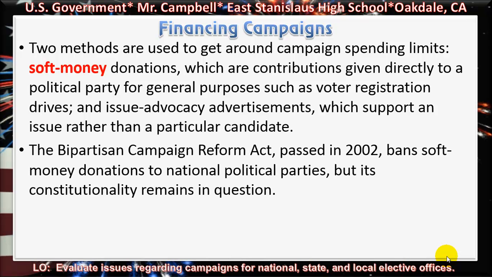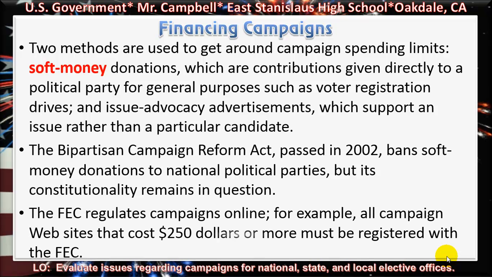The Bipartisan Campaign Reform Act, passed in 2002, bans soft money donations to national political parties, but its constitutionality remains in question. The FEC regulates campaigns online. For example, all campaign websites that cost $250 or more must be registered with the FEC.